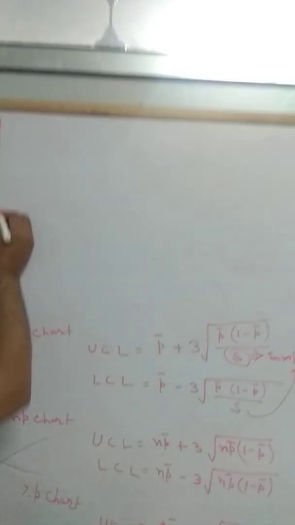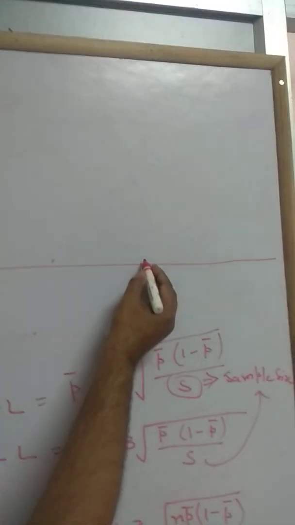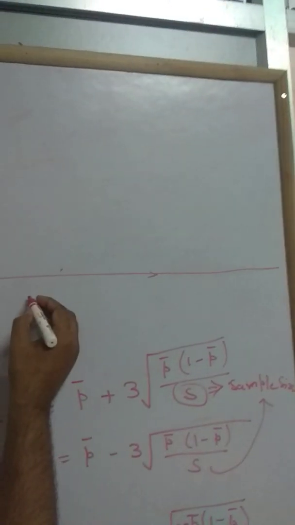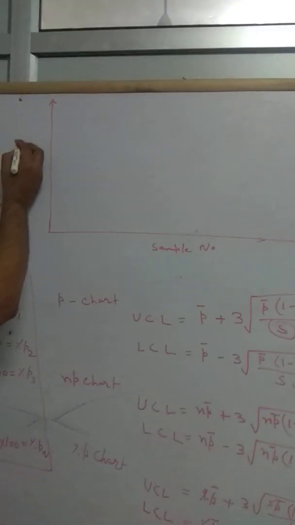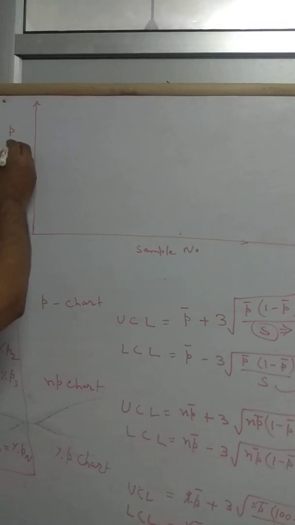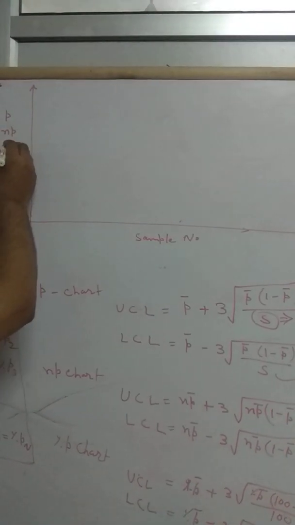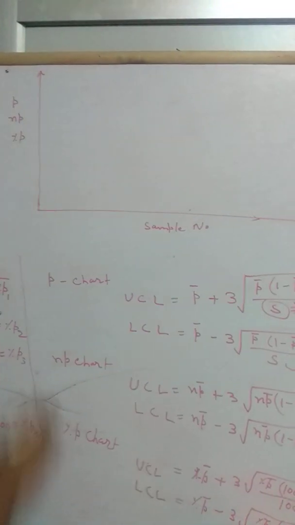The chart is nothing but a graph paper. The x-axis will have the sample number and the y-axis will have the value of P, NP, or percentage P, depending upon the chart.